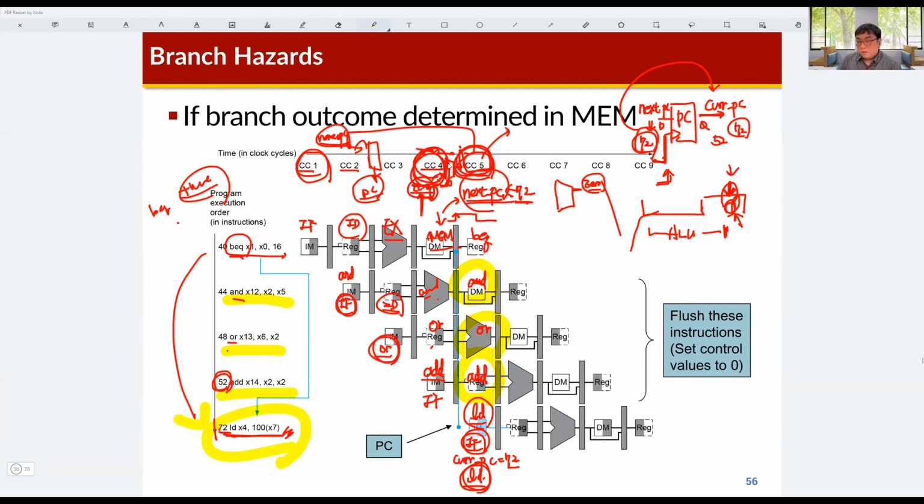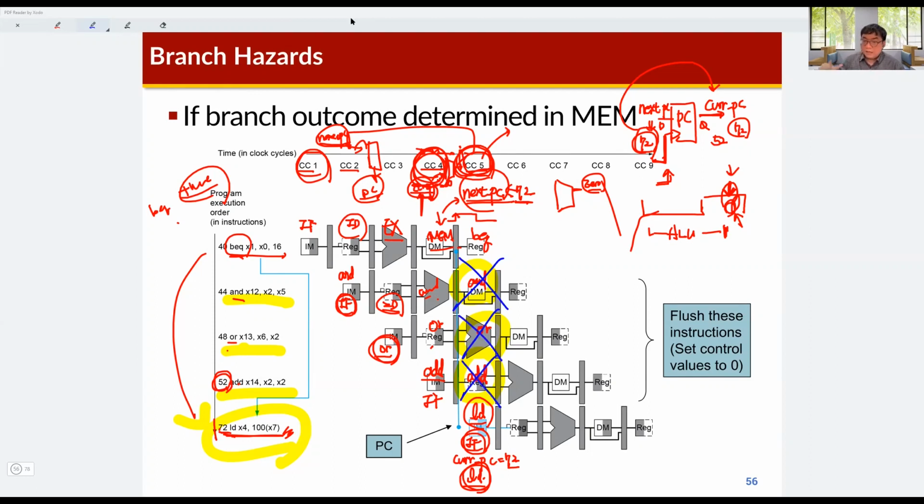But because the result of the branch instruction is resolved very late, the pipeline processor also has these and, or, add instructions. What should we do? We need to cancel the and, or, add instructions.